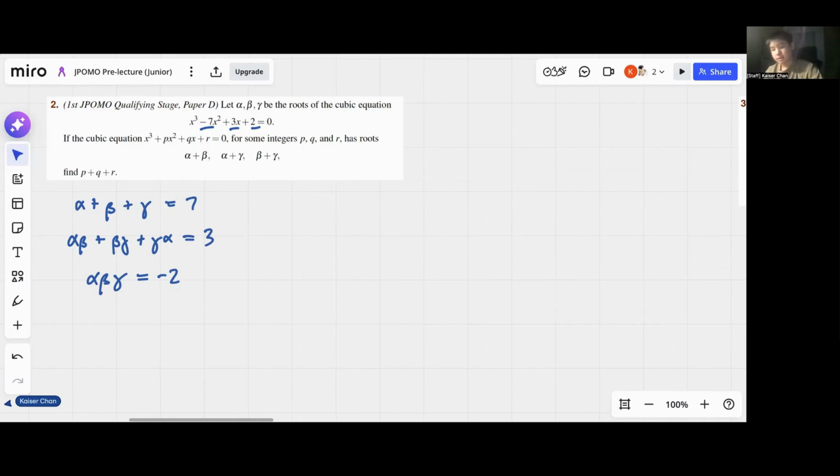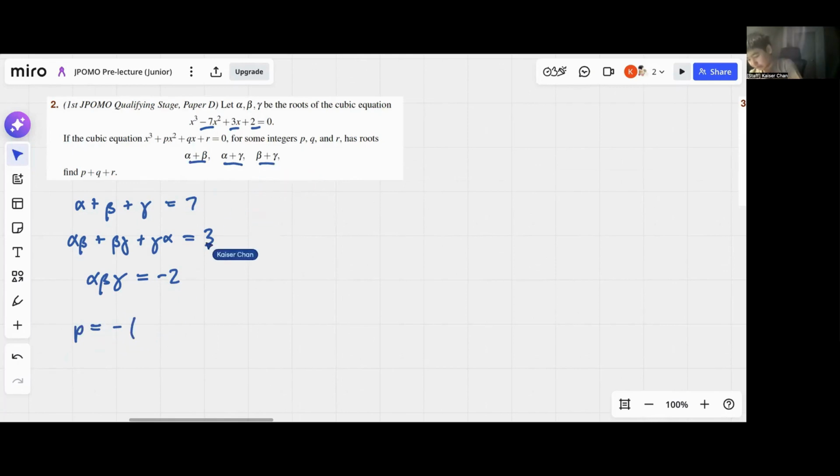So basically, what we're looking for, using kind of the same technique, is the following. P is just the negative of the sum of the three new roots.